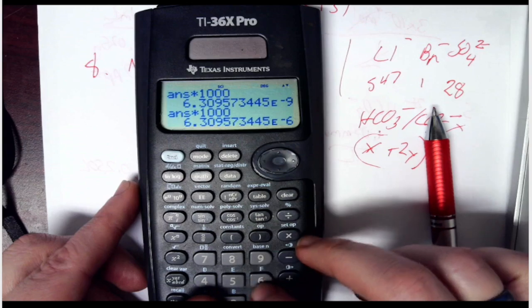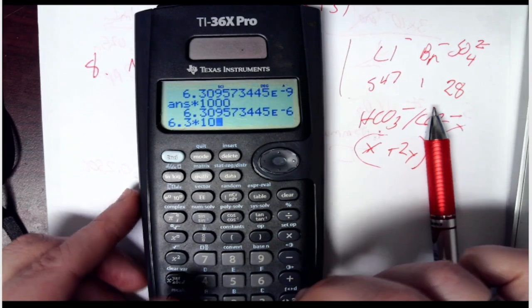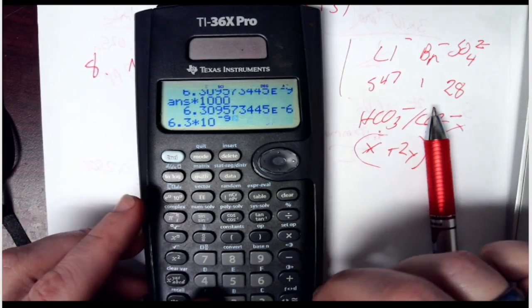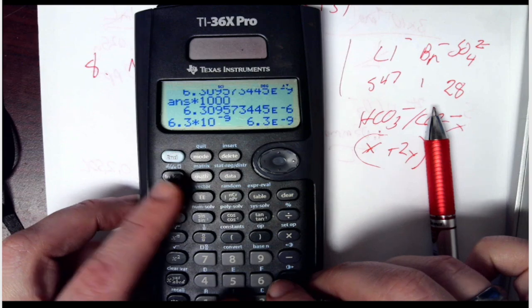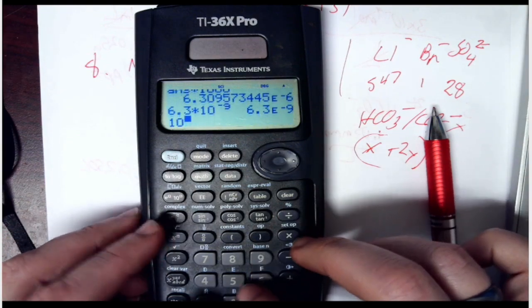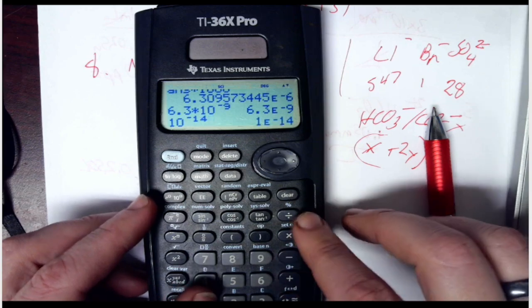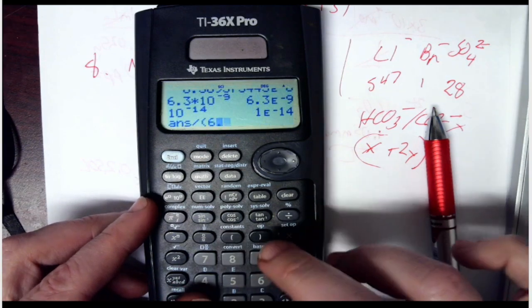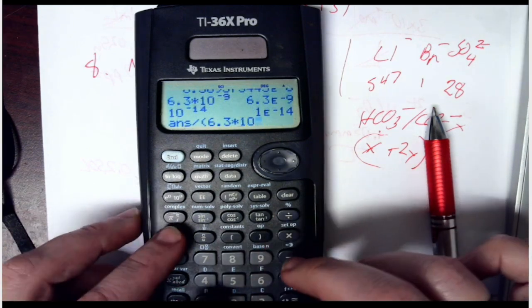If you said 6.3 times 10 to the negative 9, and you said, okay, well, what about the base? What about the contribution of hydroxide? Well, 10 to the negative 14 divided by 6.3 times 10 to the negative 9th.